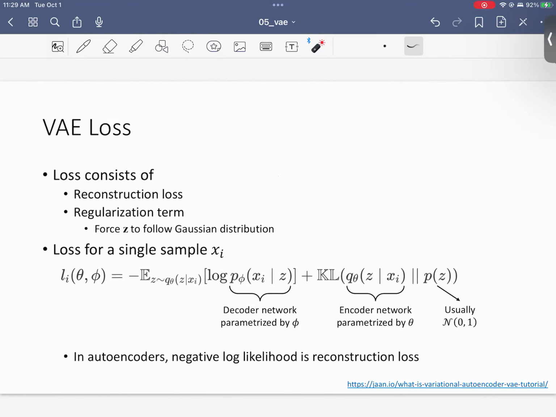In terms of a loss function, VAE is simply reconstruction loss and KL divergence as a regularizer, and that's it. So reconstruction loss here and a regularization term to force the z to follow a Gaussian distribution. So we just add one more regularizer on top of your MSE. But there's a deeper meaning to it if we actually look into the mathematical equation a little harder.